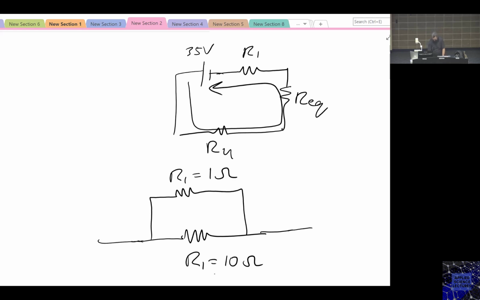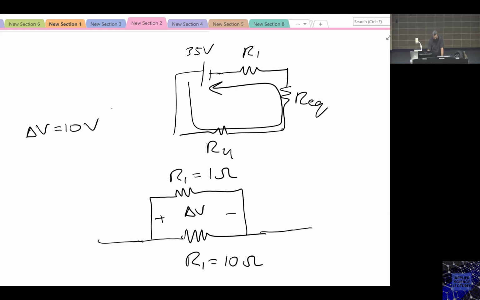Let's assume that the potential difference across both, delta V here, equals 10 volts. It's the same, right? The same for both of them.